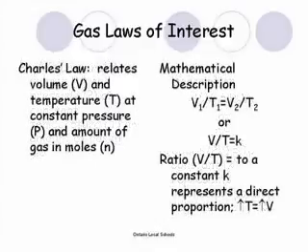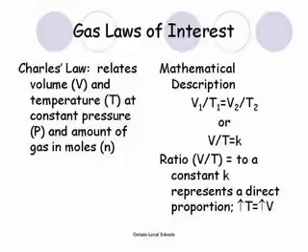Charles' law relates volume and temperature at a constant pressure and amount of gas in moles. The mathematical description for Charles' law is the ratio of V1 over T1 is equal to V2 over T2, or the ratio V over T, volume over temperature, is equal to a constant K. When you have a ratio, such as V over T equal to a constant, it represents a direct proportion.